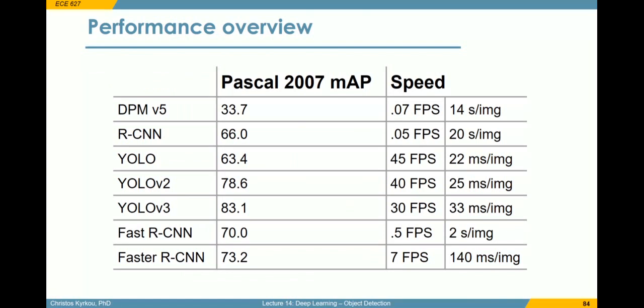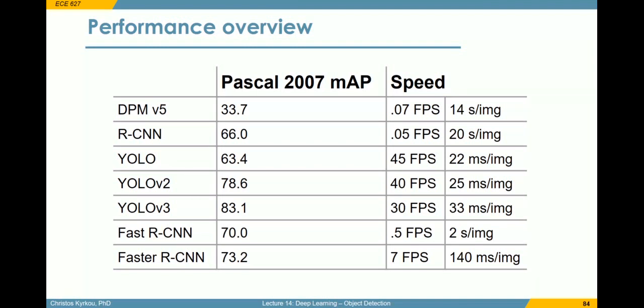So comparing the YOLO family with the RCNN family of networks, we can see that YOLO managed eventually to catch up to the accuracies of Fast and Faster RCNN, with some reduction in speed, as we can see. And this is the major difference between these two families.